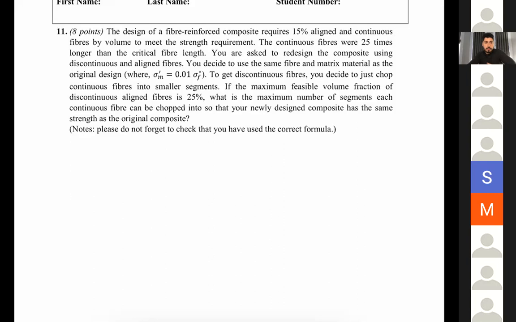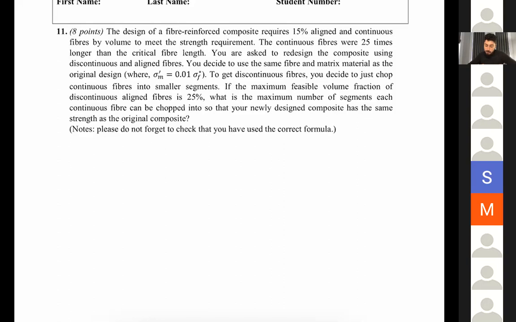The design of a fiber reinforced composite requires 15% aligned and continuous fibers by volume to meet the strength requirement. The continuous fibers were 25 times longer than the critical fiber length. You are asked to redesign the component using discontinuous and aligned fibers. You decide to use the same fiber and matrix material as the original design, where the strength in the matrix at fiber failure is 0.01 times the strength of the fibers.